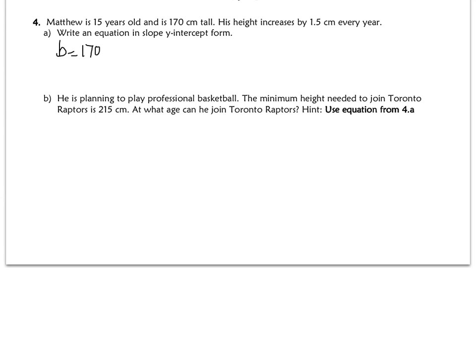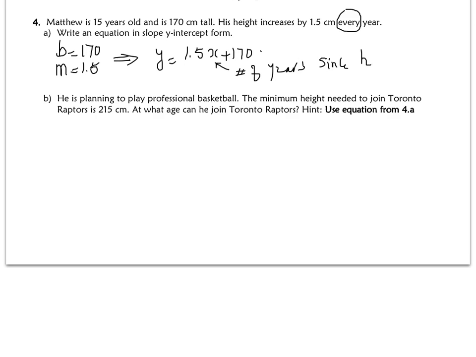Again, remember this keyword every. This means that 1.5 is the slope, so we have m is 1.5. So the equation y is equal to 1.5x plus 170. Now, remember, x is the number of years since he was 15 years old, and y is his height.